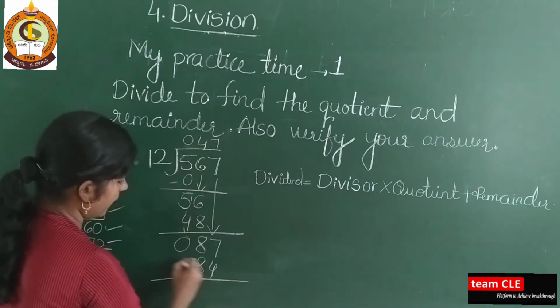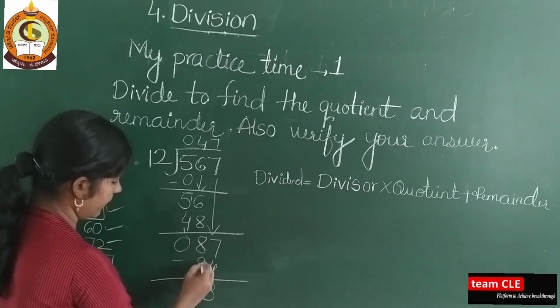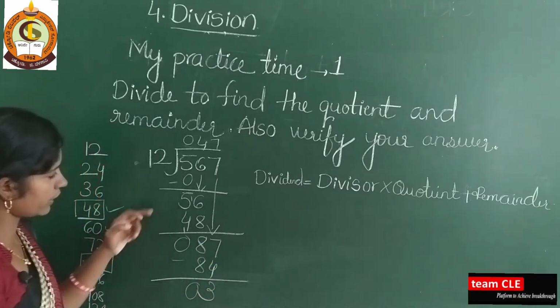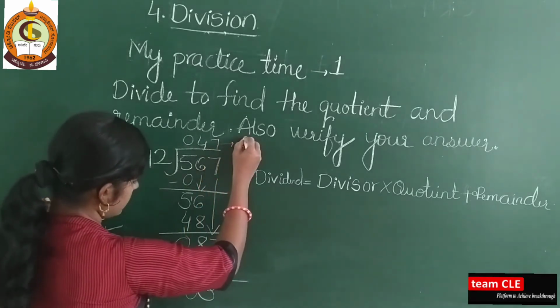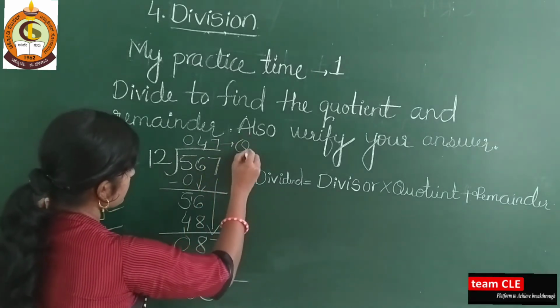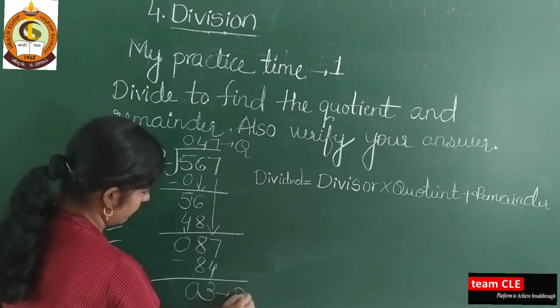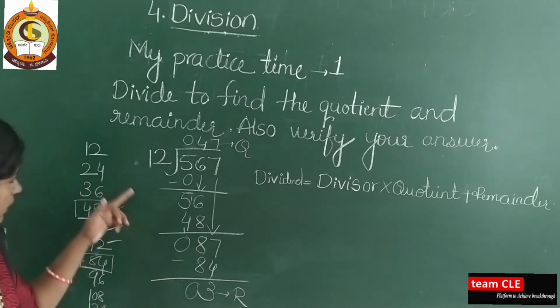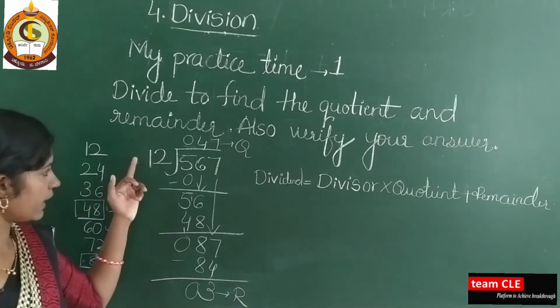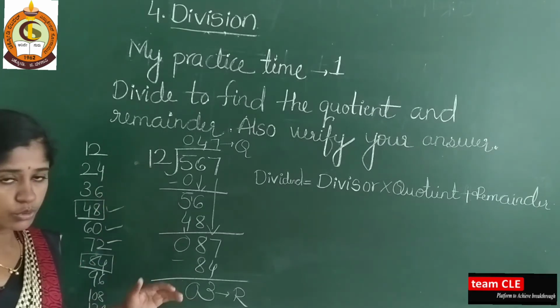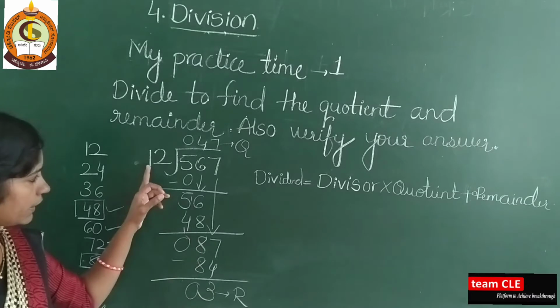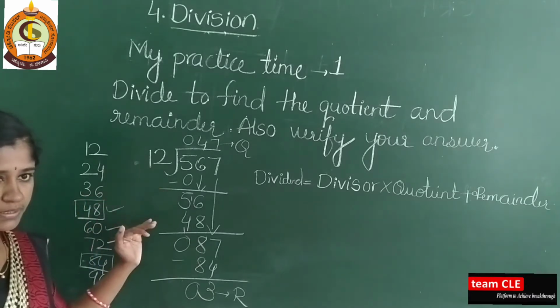Okay, so 7 minus 4 is 3, 8 minus 8 is 0. Okay, here the quotient is how much? 47, and this is the remainder. Whenever you find the remainder is less than the divisor, then you stop there. 3 is small and 12 is big, so you stop there only.